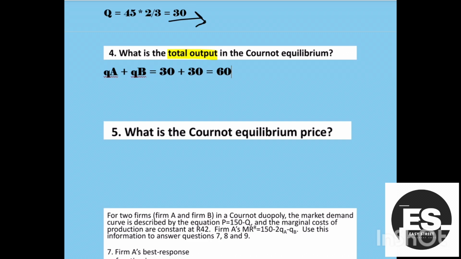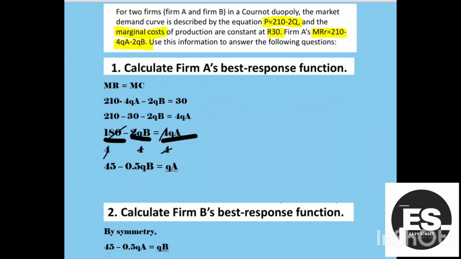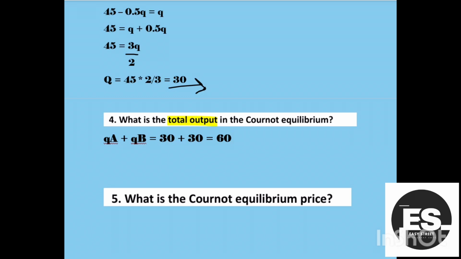And finally, let's do the price. If we go back, it tells us our price is P equals 210 minus 2Q. So P equals 210 minus 2 times what?